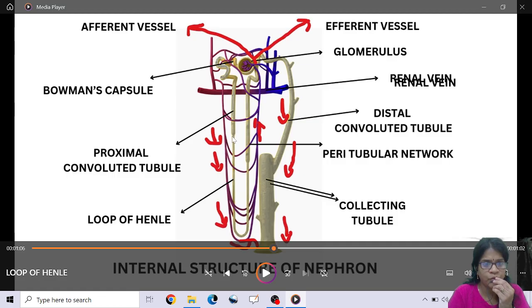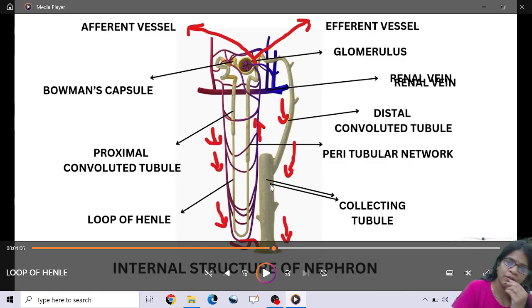This proximal tube goes into the loop of Henle, which has a descending limb and an ascending limb. I have shown you both because there is a change in concentration in both the descending and the ascending limb. Finally it enters your distal convoluted tubule, and then your collecting tubule.